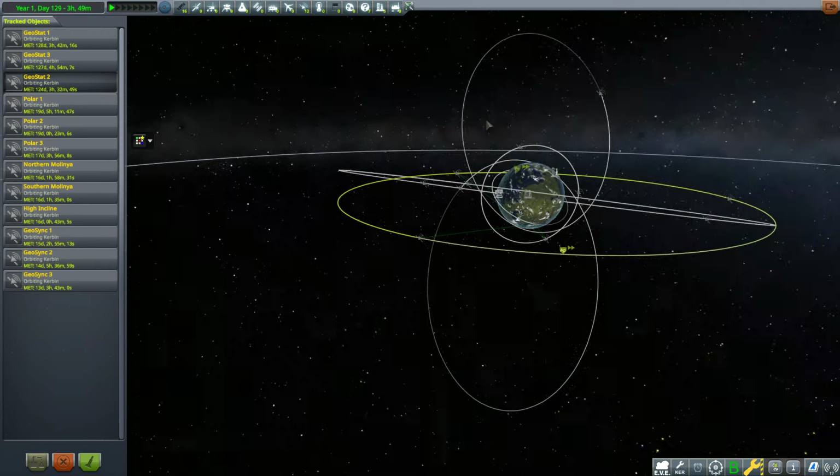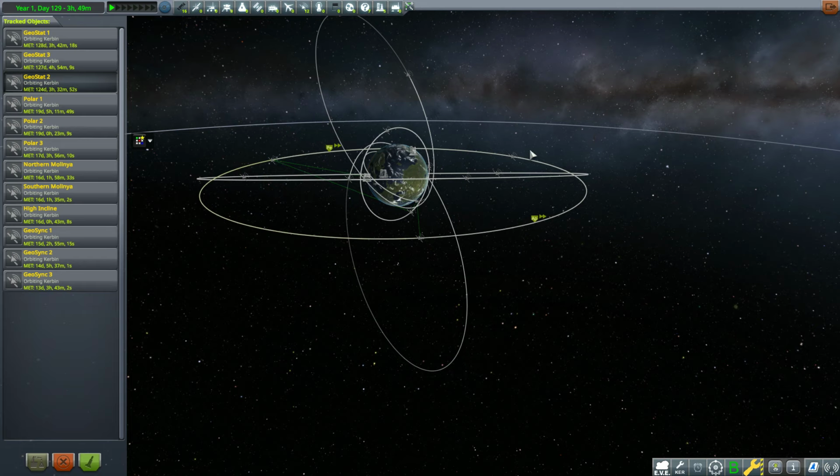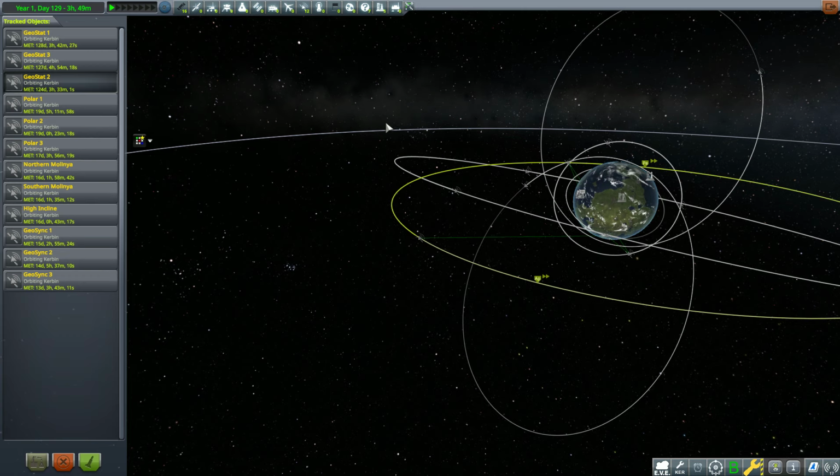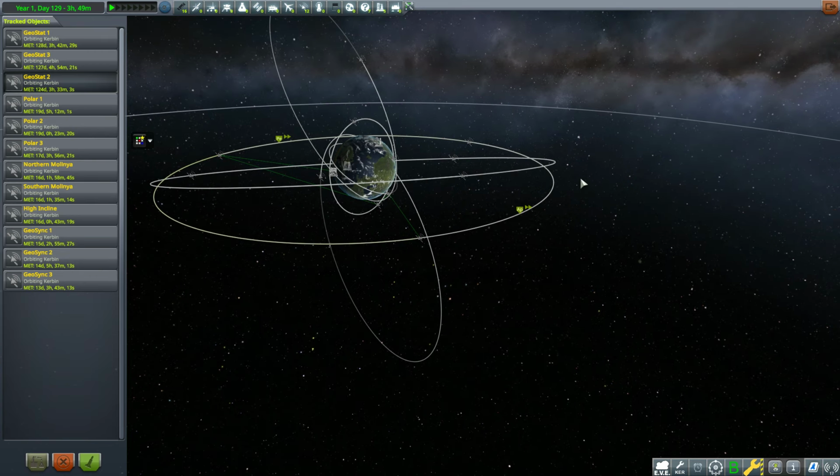So, in an attempt to give some added value to the class today, I decided to make a model of the various orbits that you see our satellites in. Not just ours, but any country.